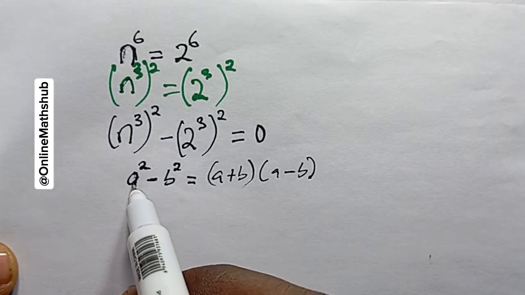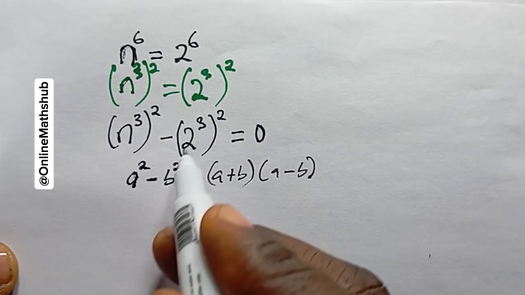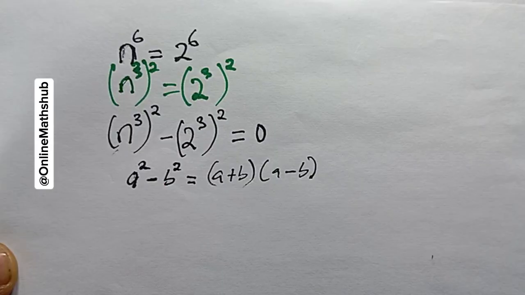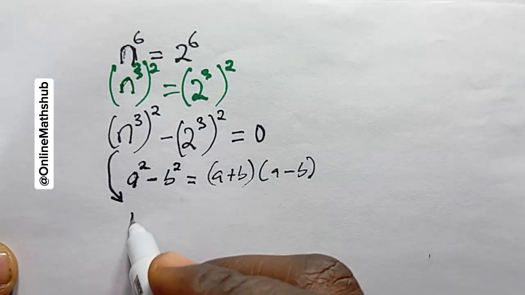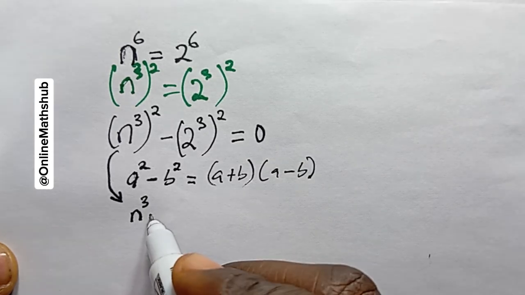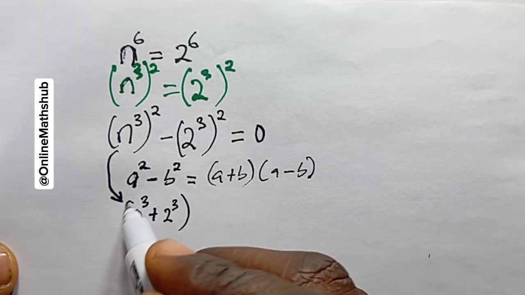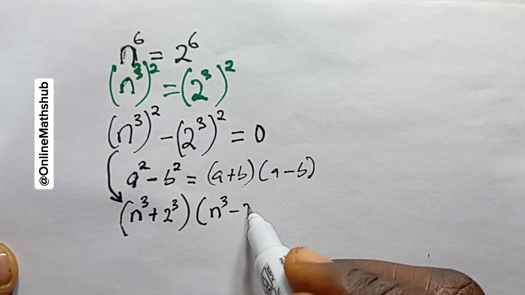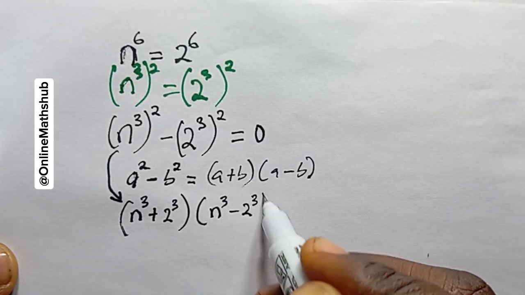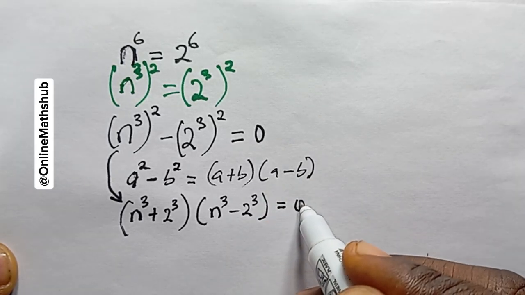In this case our a is equal to n power 3 and our b is equal to 2 power 3. So expanding that gives n power 3 plus 2 power 3, multiplied by n power 3 minus 2 power 3, and this will be equal to 0.